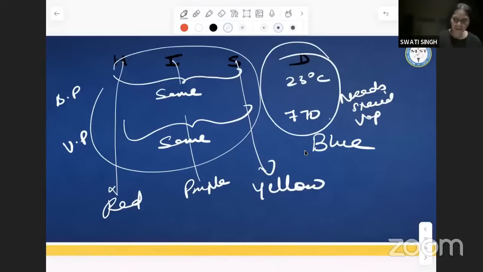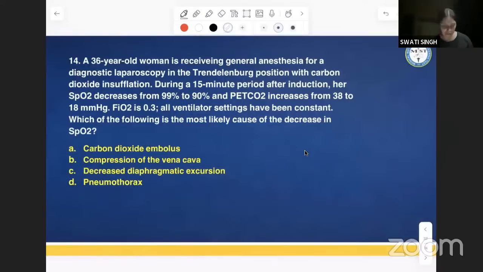Yes, wonderful. You all are giving me right points about these drugs and the questions which can be asked about these agents. 14th. A 36-year-old woman is receiving general anesthesia for a diagnostic laparoscopy in Trendelenburg position with carbon dioxide insufflation.